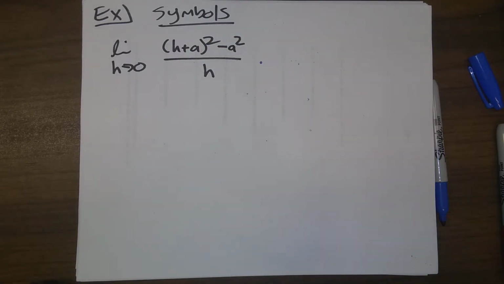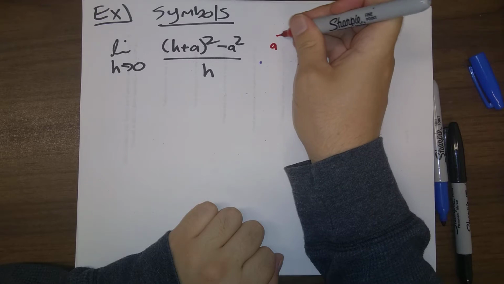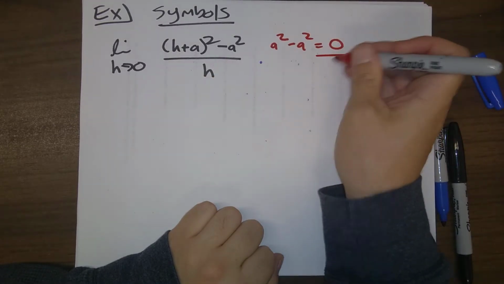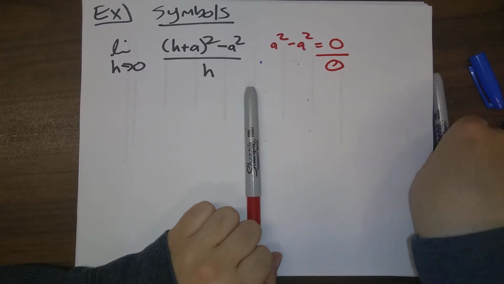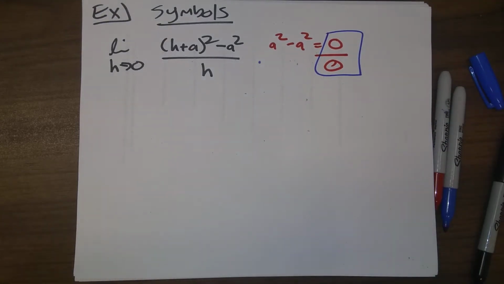As h goes to 0, our numerator looks like a squared minus a squared, which is 0, and our denominator looks like 0. So we are in a 0 over 0 indeterminate form. We should want to try to algebraically manipulate this down into something that we can evaluate by continuity.